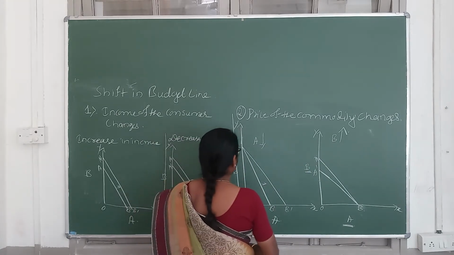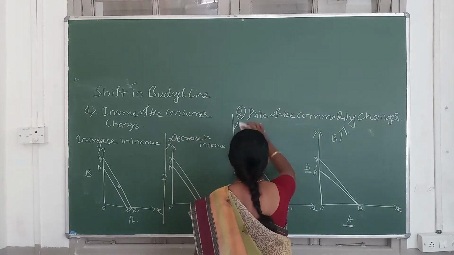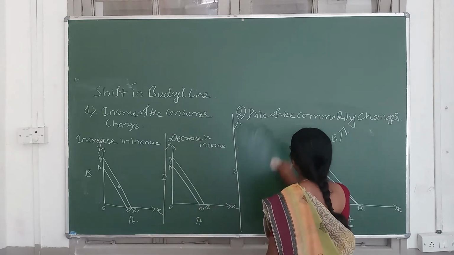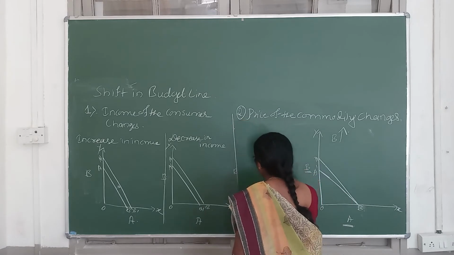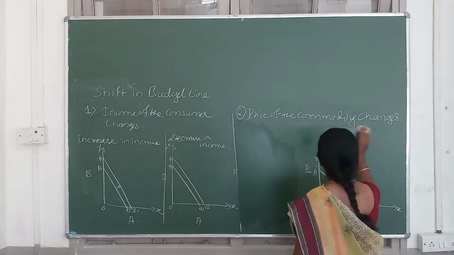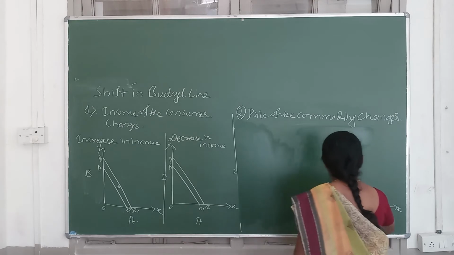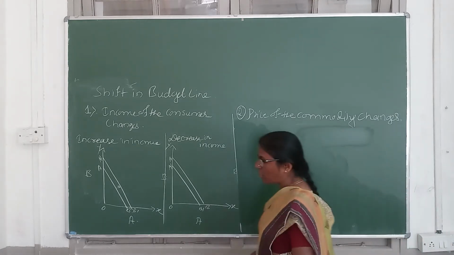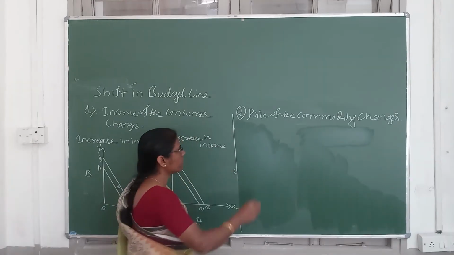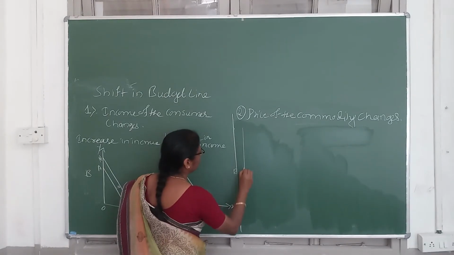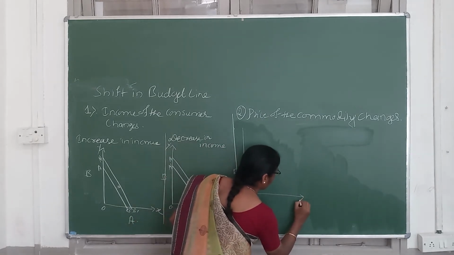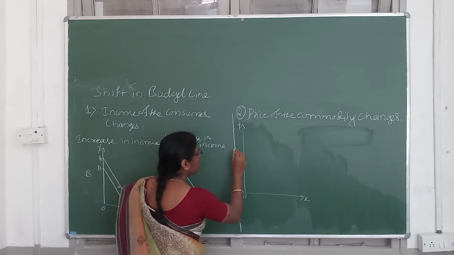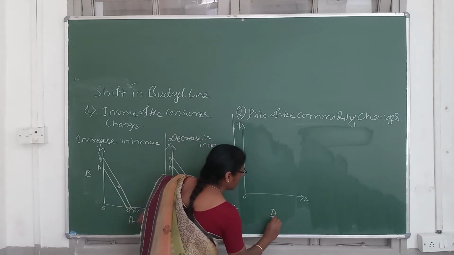Suppose what happens in the reverse case? Okay, we'll check here. What we consider in the first instance: X, O, Y, banana is taken and here apple is taken.